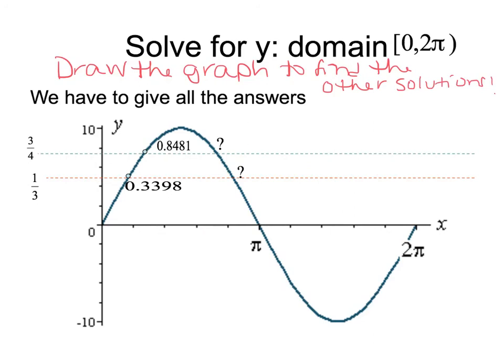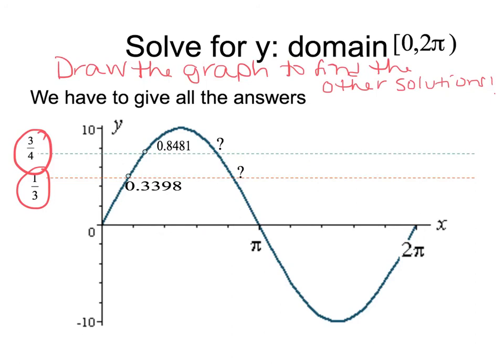Whether it is the graph of sine or cosine or tangent, we need to see where the value, whether it's 1/3, 1/2, 3/4, whatever it's supposed to equal, intersects. So you know if you're subtracting from pi, or subtracting from 2 pi, otherwise it's a lot of stuff you have to memorize.